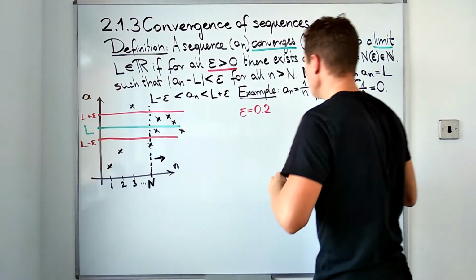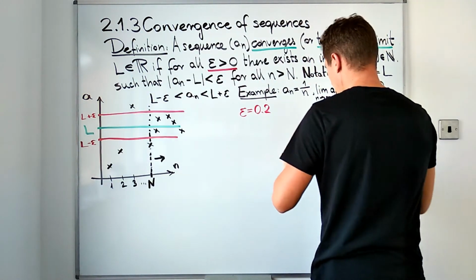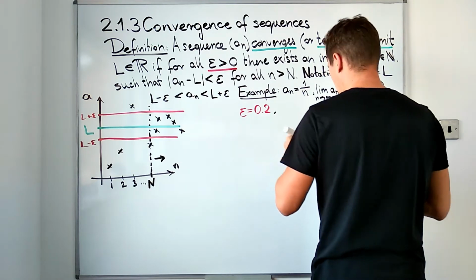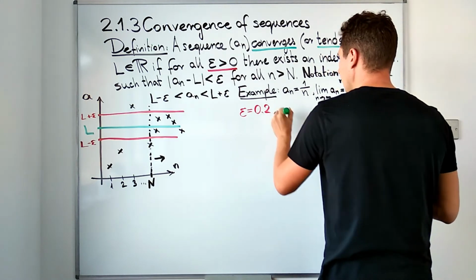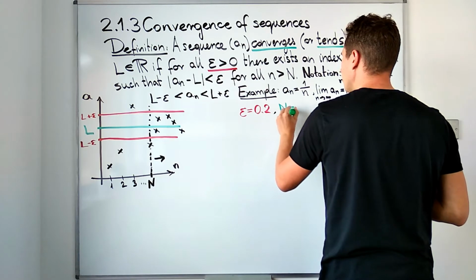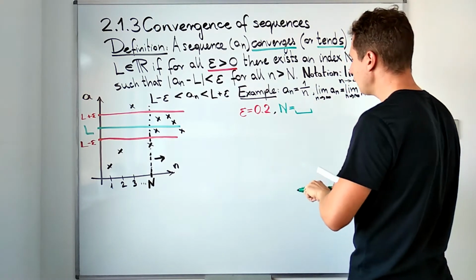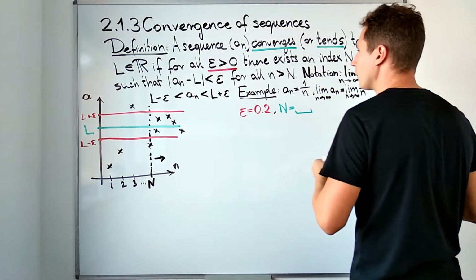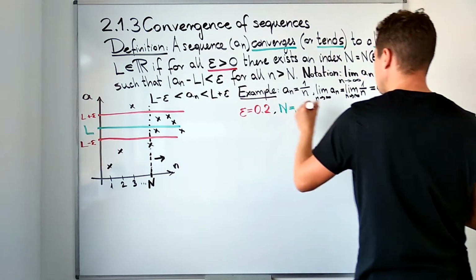So, okay, what I would like you to do is now take this value of 0.2 and try to find the index after which we have this inequality satisfied.